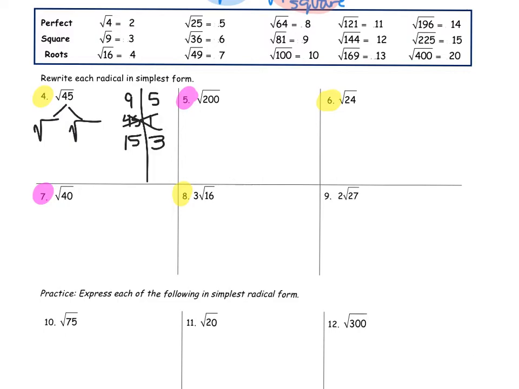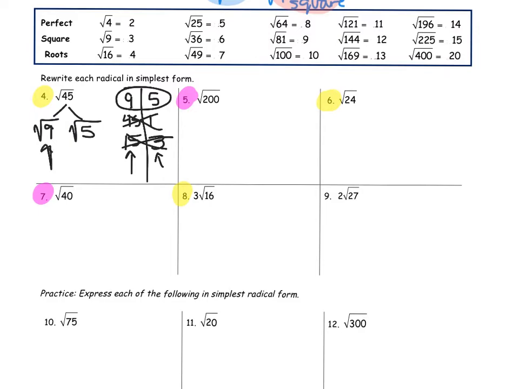So now I have to think, is 3 a perfect square? Is 15 a perfect square? Well, I don't see the square root of 3 or the square root of 15 on my chart, so that's out. Now, between 9 and 5, which is the perfect square? The square root of 5 is not a perfect square, but the square root of 9 is. So the square root of 9 is going to go on the left, and the square root of 5 is going to go on the right.